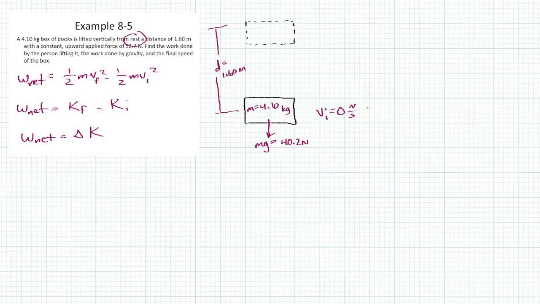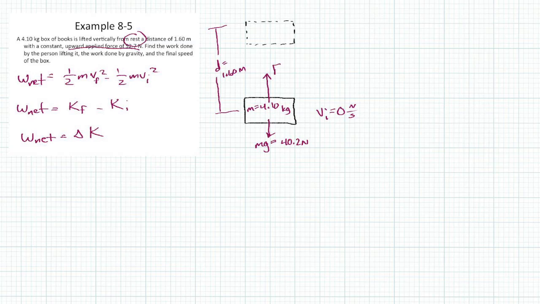And what's causing it to lift up? We have a force that somebody applies to it, an upward force. That's this right here, 52.7 newtons. Man, I've been away from this pen tablet for too long.